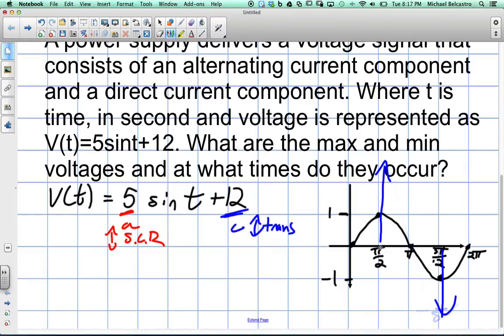In other words, it goes 5 up from the equation of the axis and 5 down. Well, we just stated how our new equation of the axis is at the number 12. So if we go 5 up from there, we have a max at 17 and a min at, we subtract 5, so that would give us, I'm drawing a blank, 7. Great. 17 and 7. So those are going to be our max and our min.